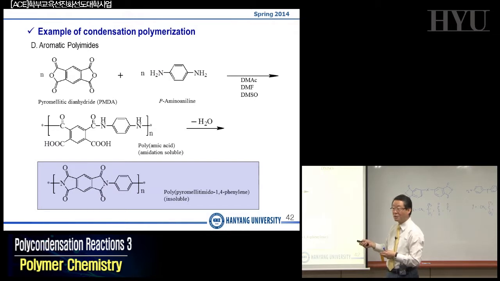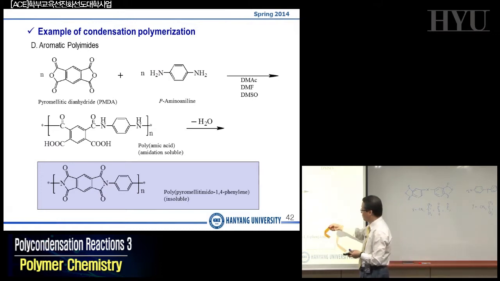The second reaction is called a ring closure reaction, by applying the vacuum at high temperature to remove this water. And this is called the polyimide film, or the Kapton film. So this is the example of the Kapton film.